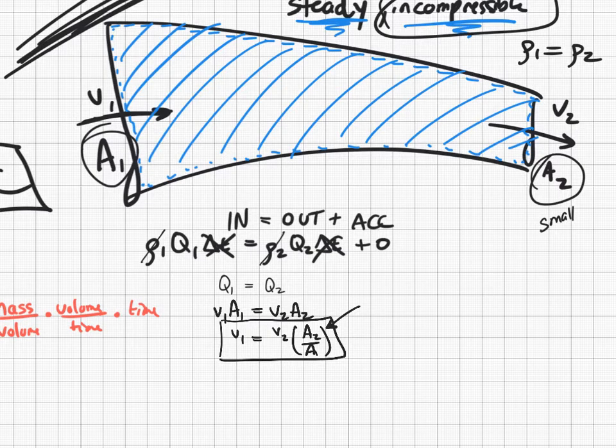Let's suppose this number is a half, so A2 is half as big as A1. Then V1 will be half of V2. That's a made-up number. Basically, the velocities are inversely proportional to the areas.